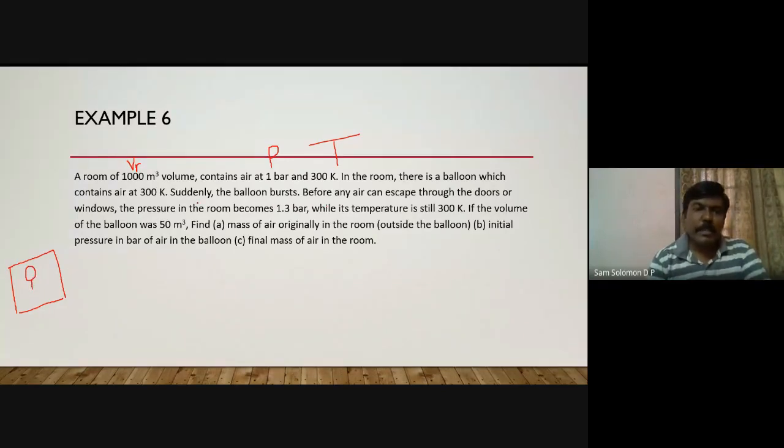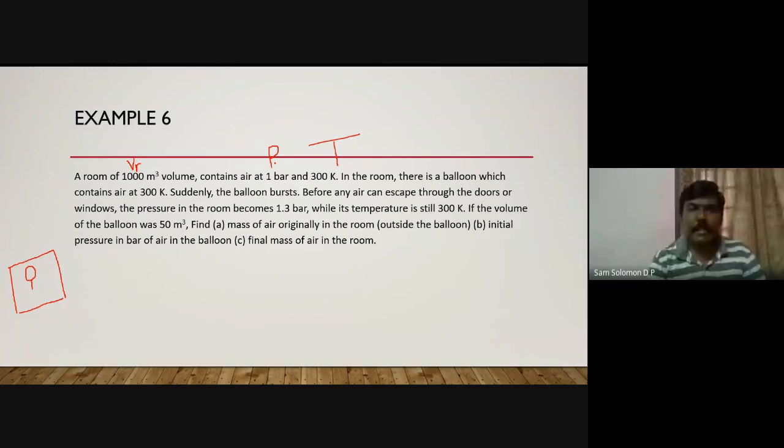Suddenly the balloon bursts, before any air can escape through the doors or windows, which means this particular room is perfectly closed. There is no way of escape. The pressure in the room becomes 1.3 bar. So they are talking about another state.